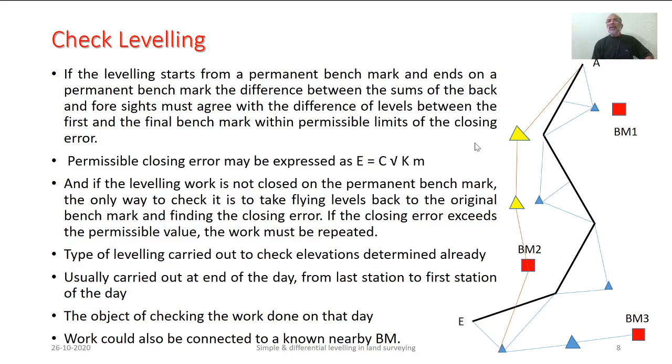You know that this particular closing error can be expressed as equal to C root K, where this particular C parameter varies according to the category of the works, and K is the distance traveled by surveying equipment in kilometers. So in general, check leveling is the type of leveling carried out to check the elevations which are determined already. It is usually carried out at the end of the day from last station to first station of the work.